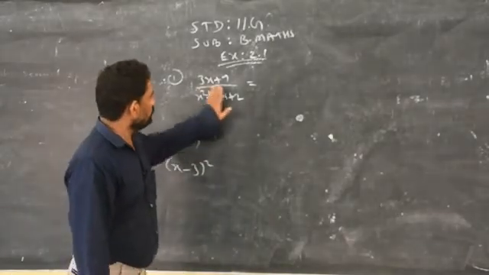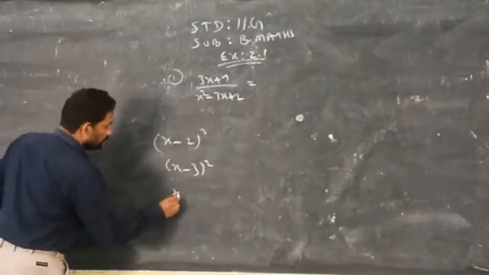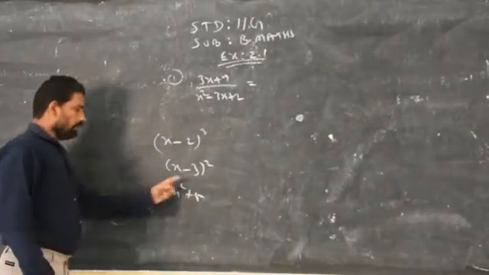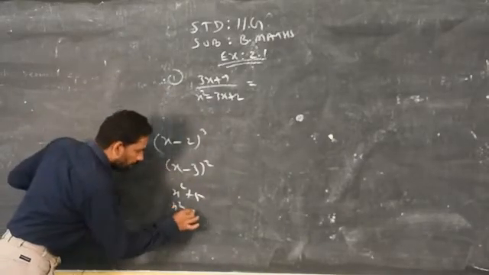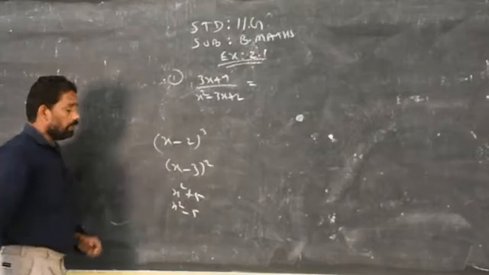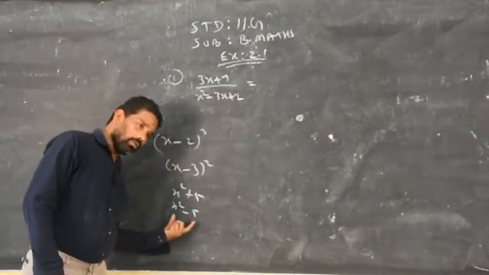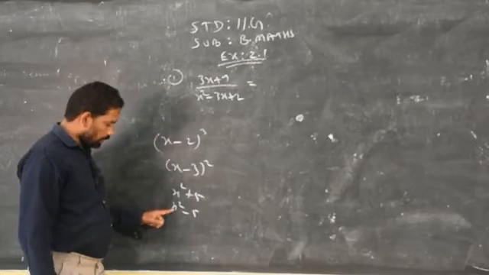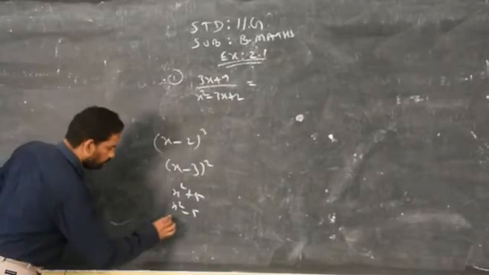When the denominator is to be factorized, sometimes you see x square plus 5. Can you factorize this one? It is not possible. If it is x square minus 5, there is a possibility of factorizing the given expression. How? In x square minus 5, I can write 5 as the square of the square root of 5.